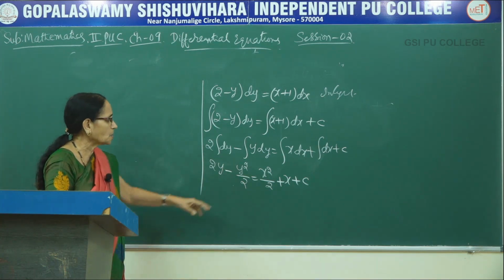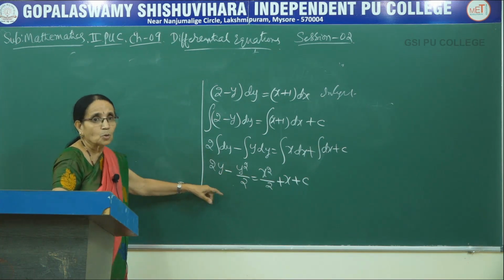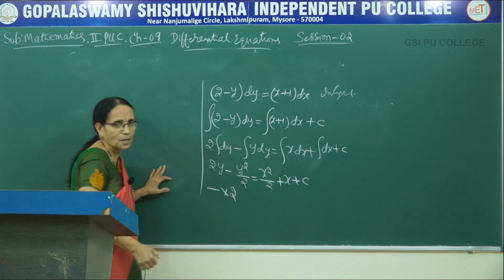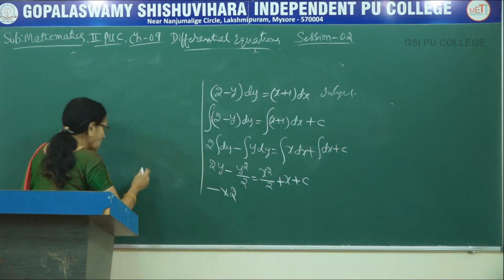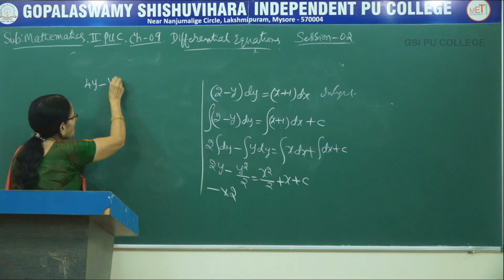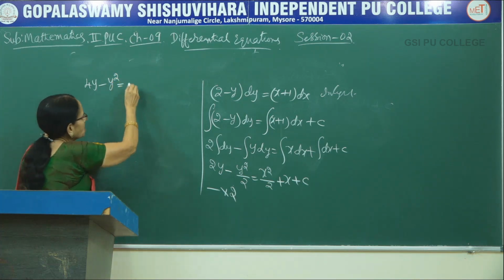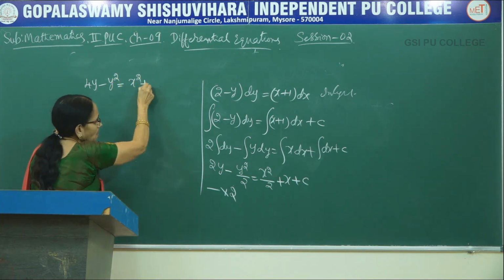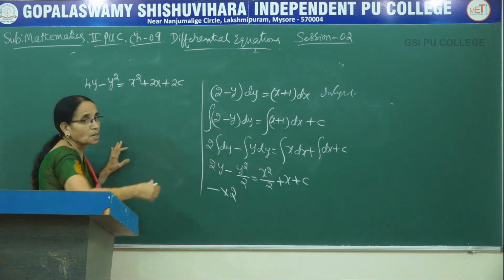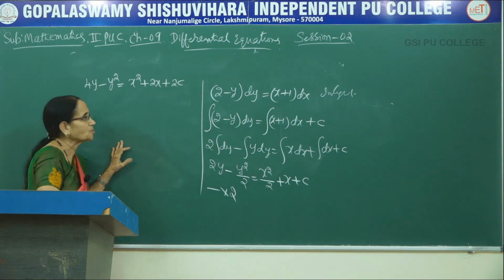Because I am having 2 in the denominator for some terms, multiply by 2. When you multiply by 2, it is 2 into 2, 4y minus y square. Right hand side x square plus 2x plus 2c, or 2c can be replaced by c dash, another constant also.